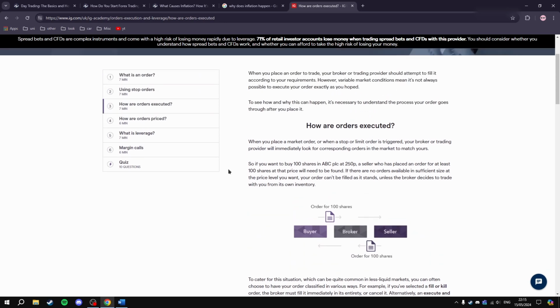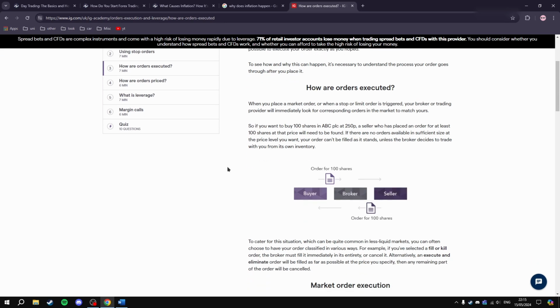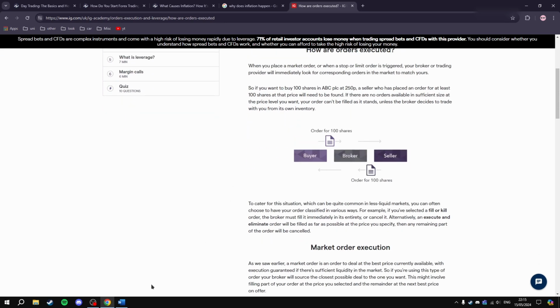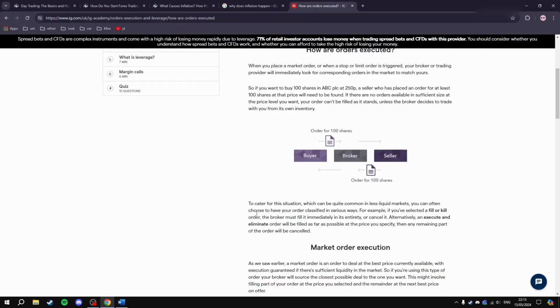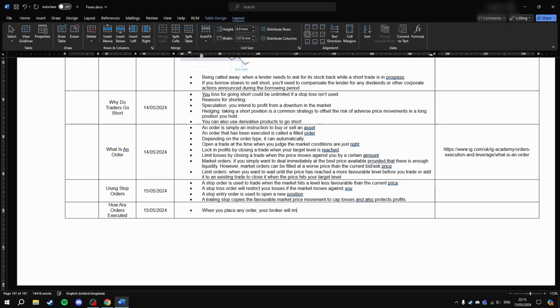Right, so when you place any order, your broker will immediately look for corresponding orders in the market to match yours.